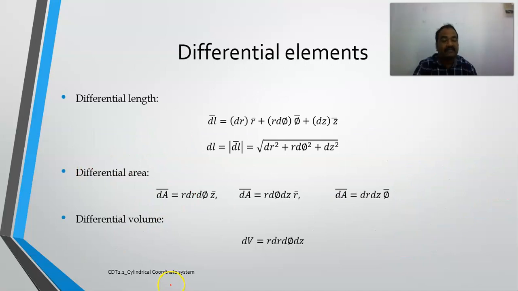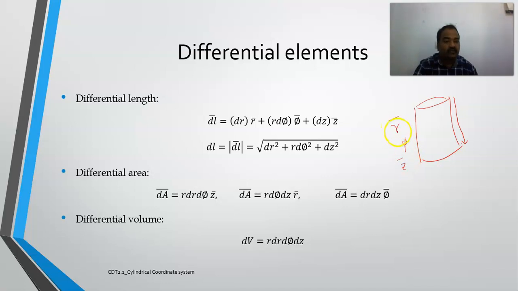And next is differential elements. Let us suppose I have a cylinder, and I want only a small differential length of the cylinder, not the entire cylinder. In which direction am I going to consider it? I have three directions for a cylinder: R direction, phi direction, and Z direction.